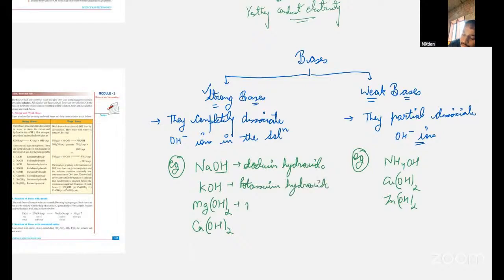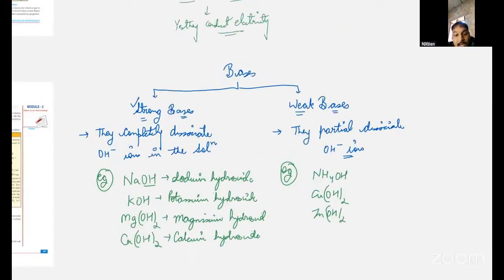Mg is magnesium, and it is called hydroxide. Okay. Ca is calcium, and it is called hydroxide. Simple as that. Okay. Now nobody asked me, sir, NaOH is there, Ca(OH)2 is there.